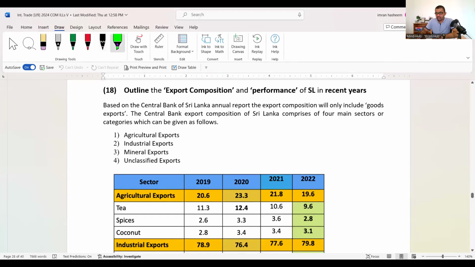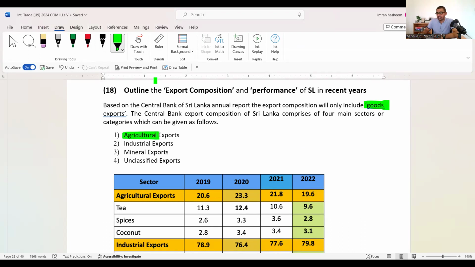As you know, we can engage in international trade not only based on tangible or visible goods, we can also engage in international trade based on services. But when we talk about the export structure or composition of the country, our focus is on goods exports.